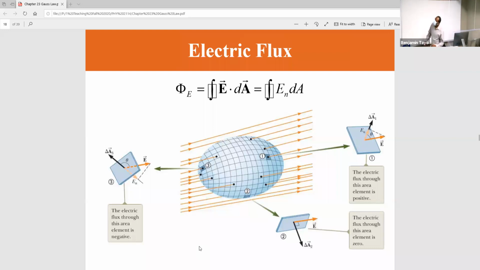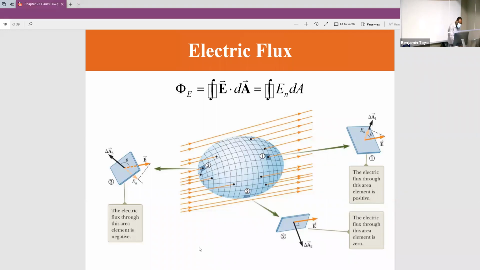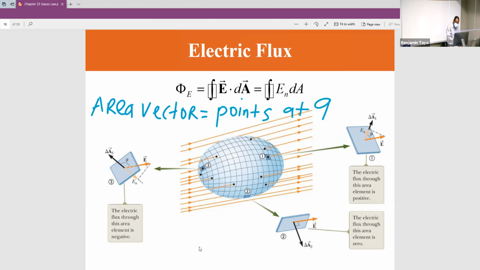Now this is just saying, I think I said this last time, that when we calculate the flux, the area vector must always point at 90 degrees, and it must be pointing out.